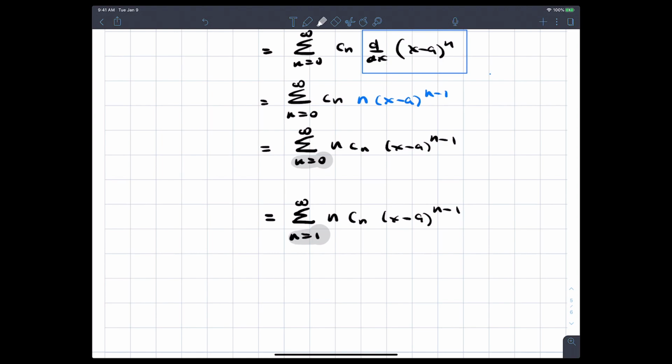Well, because notice, if you replace this n with 0, then this is C_0, and this is 0. You get 0 times a constant, and that's 0. So that term is zeroed out. So this whole thing is 0 when n is 0, so they start with 1 instead.